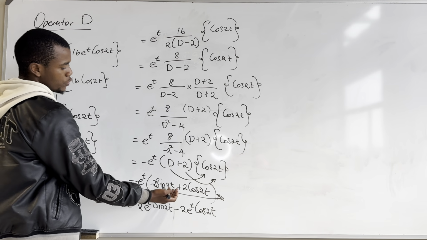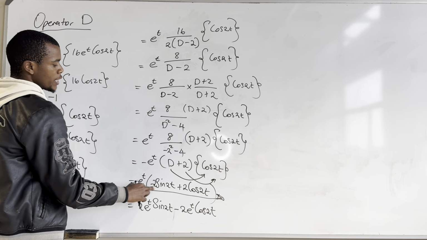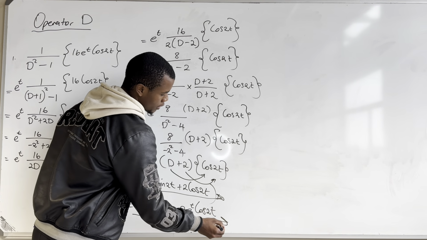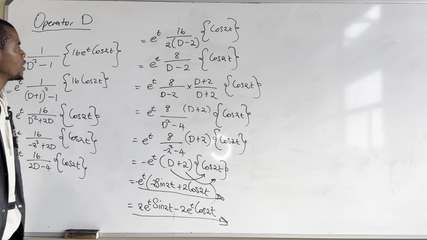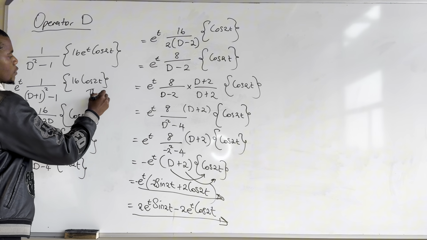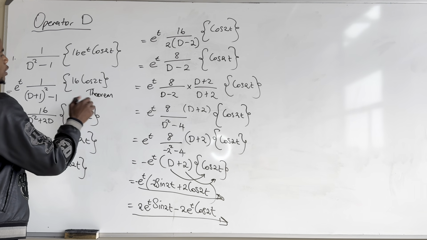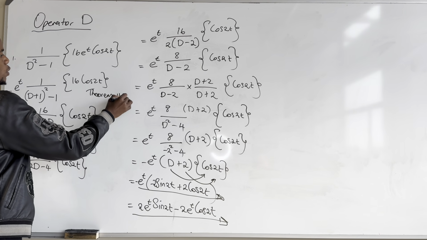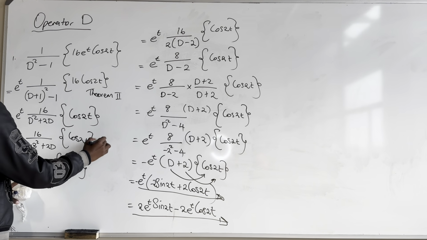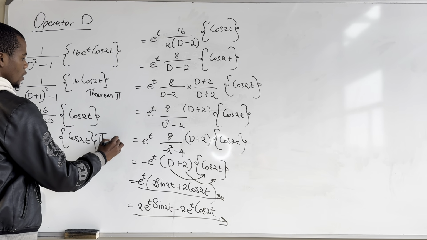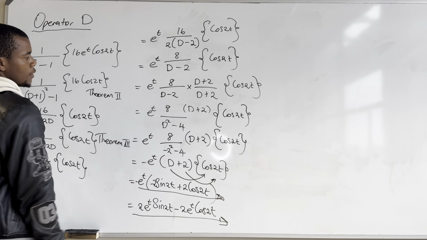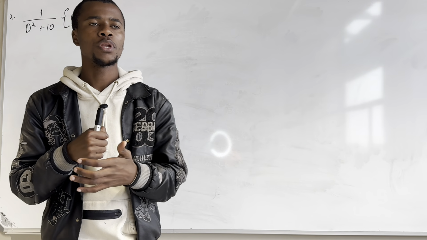But instead, you can even take this 2 as a common factor, you take it out. So this is the answer. So we have covered theorem 2, we applied theorem 2, and also we applied theorem 3. Okay, we'll do number 2.